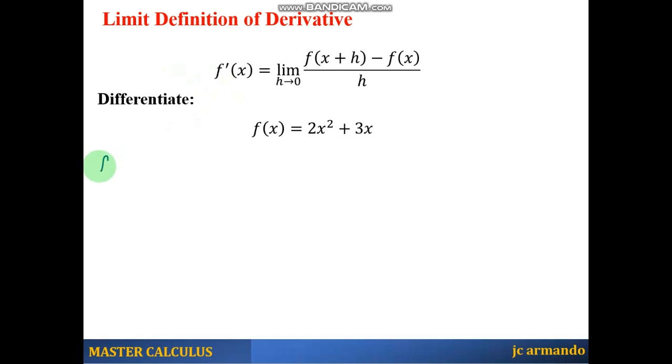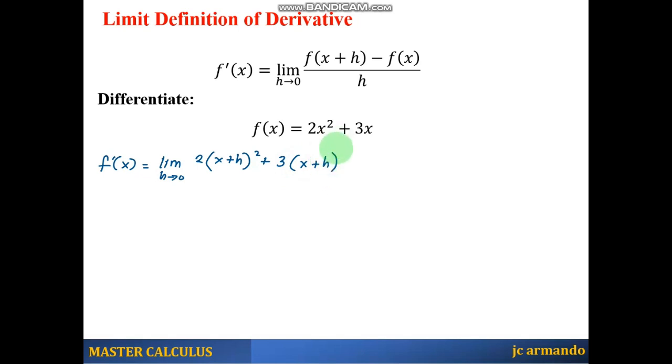So therefore, f prime of x is just equal to the limit as h approaches 0. So what is f of x plus h? What you're going to do is to replace x by x plus h. So this becomes 2 times x plus h squared plus 3 times x plus h.